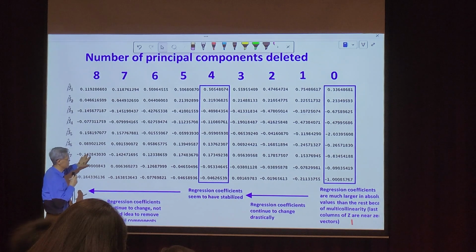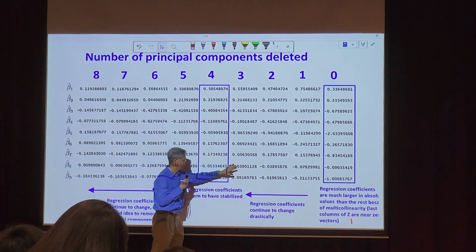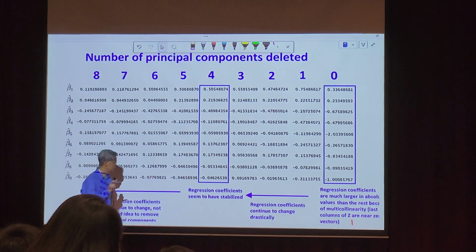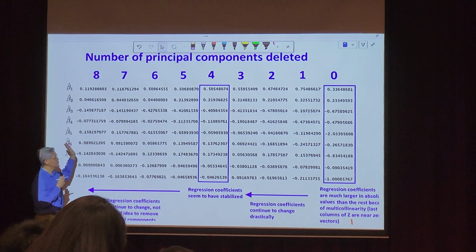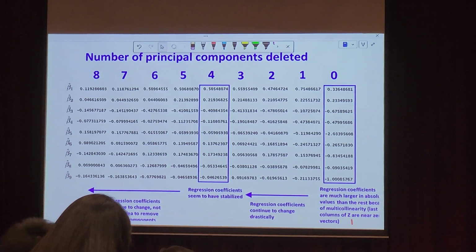These are not too good already. You delete too many. So it's either here or here. Here the regression coefficients seem to have stabilized, and here you remove too many, so that's not too good. So that's one way you can do it.